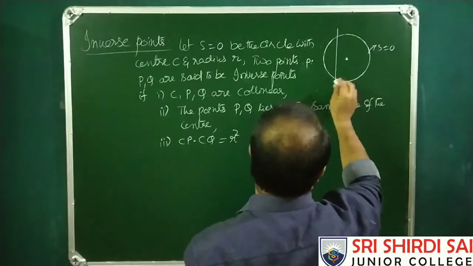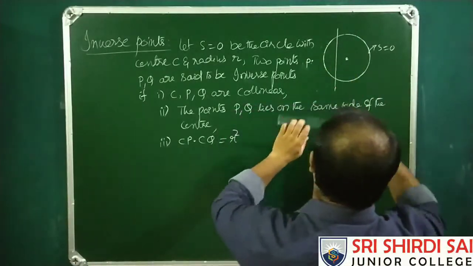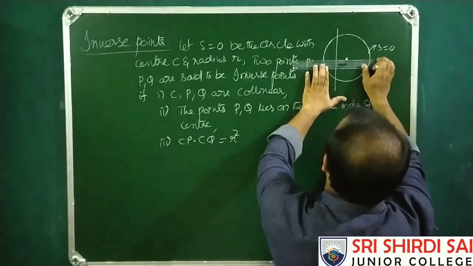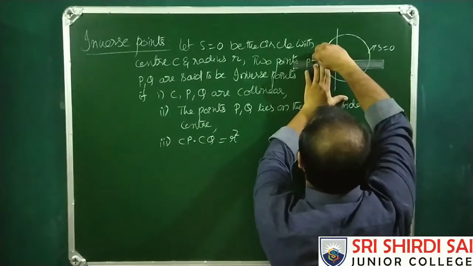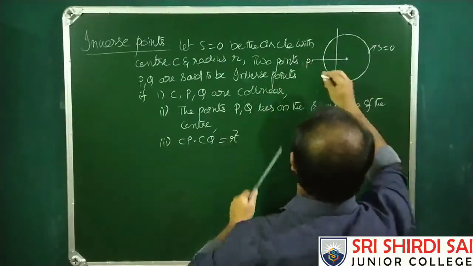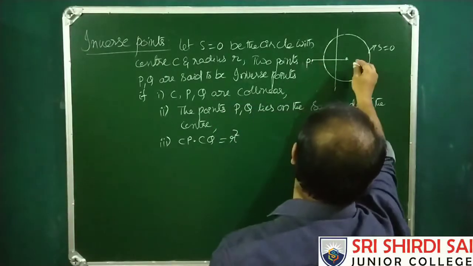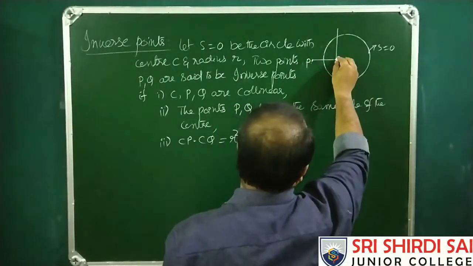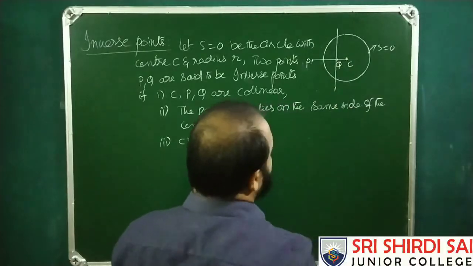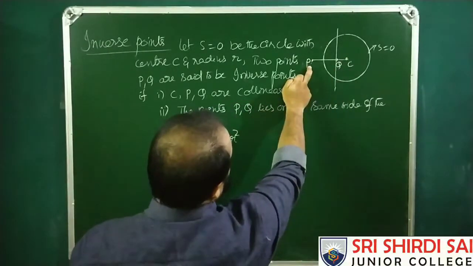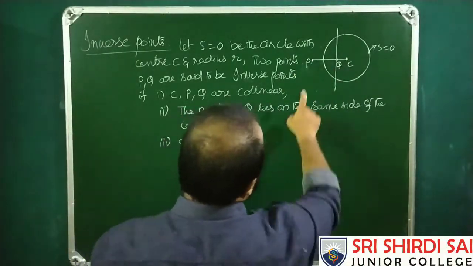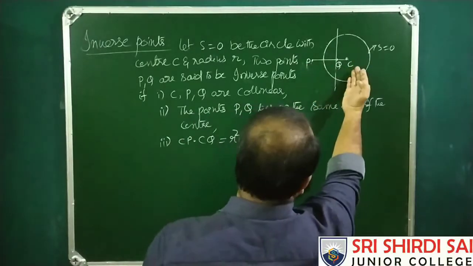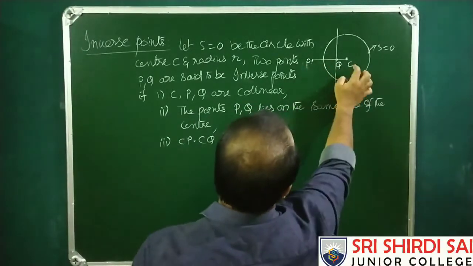If I join this P and C, then this point Q is called the inverse of the point P. So here P, Q are lying on the same side of the center of the circle.